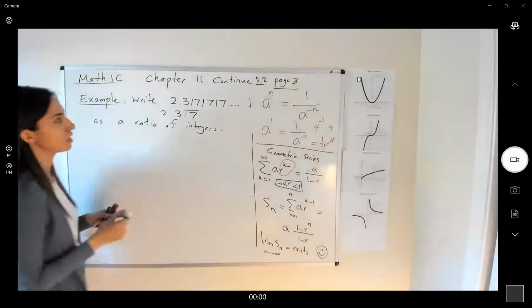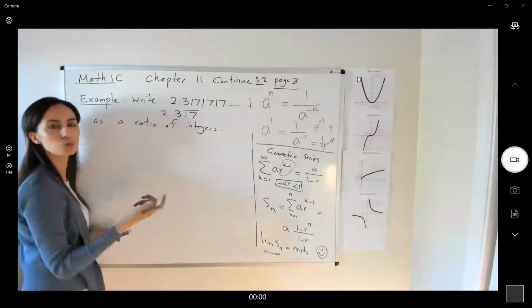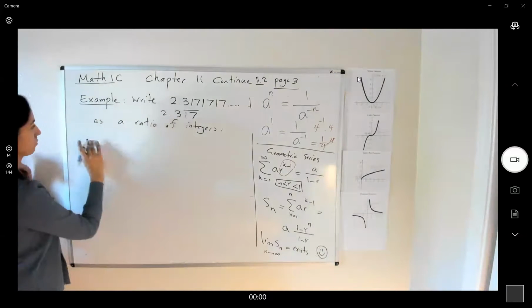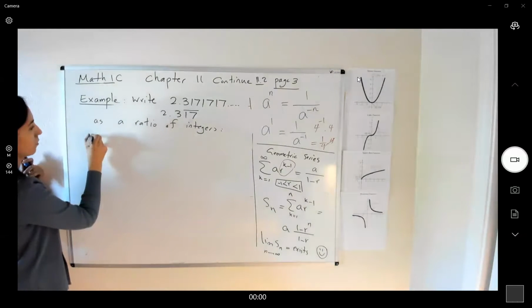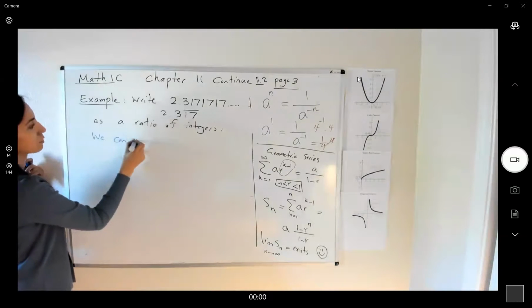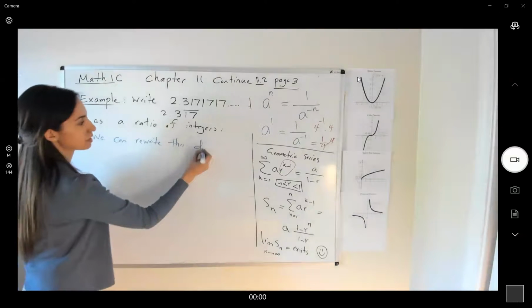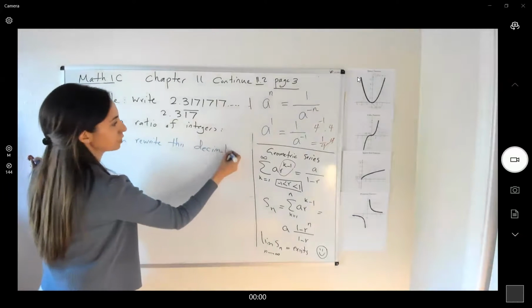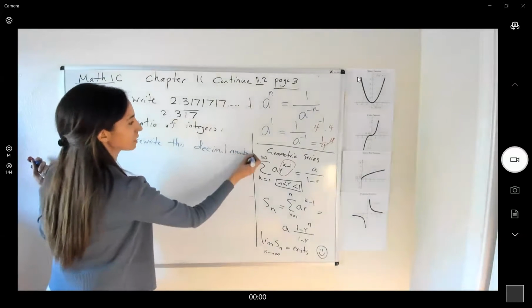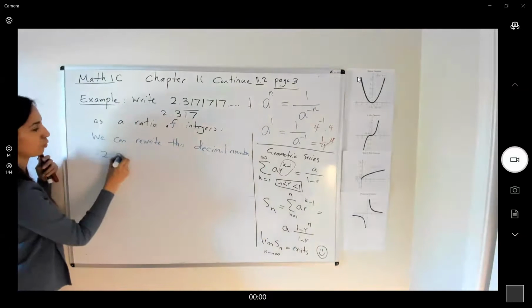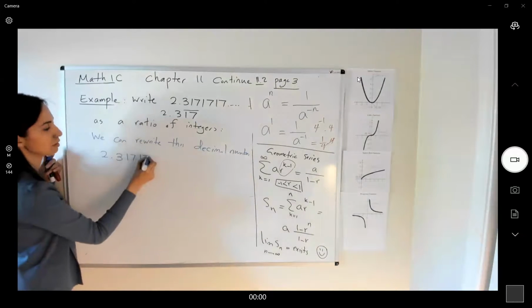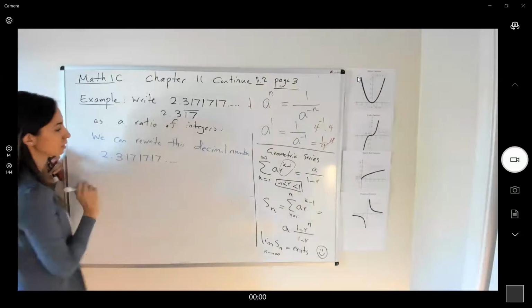Okay, let us break this number down to see what we have here. We can rewrite this decimal number as follows. We have 2.3171717, the rest of them.